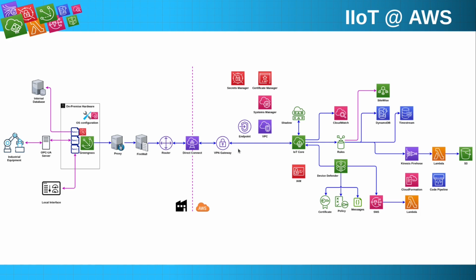Many factories are using the Direct Connect service, a dedicated connection from the on-premise network to AWS infrastructure. This way, data never goes through the public internet, which increases the security of data in transit and ensures stable connection latency.